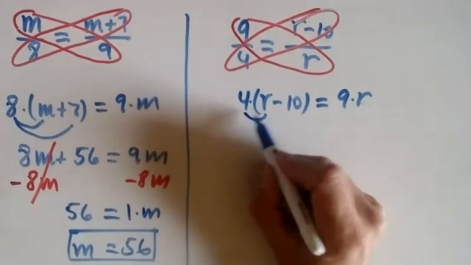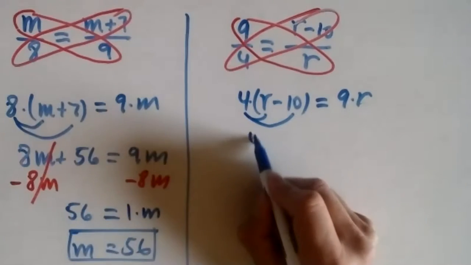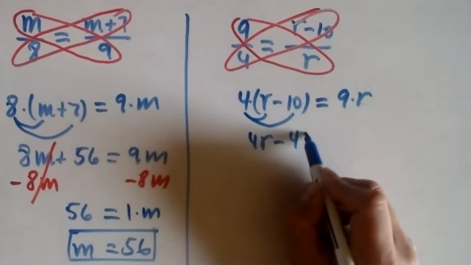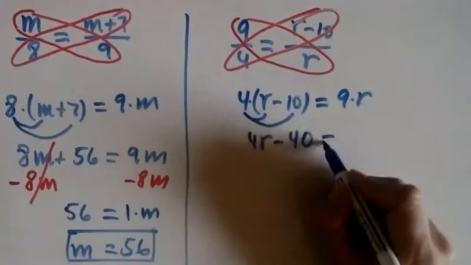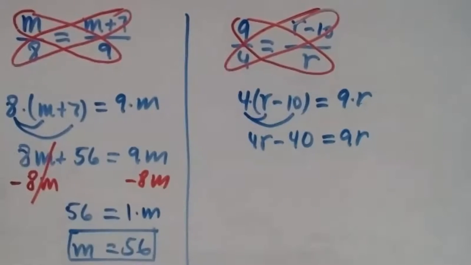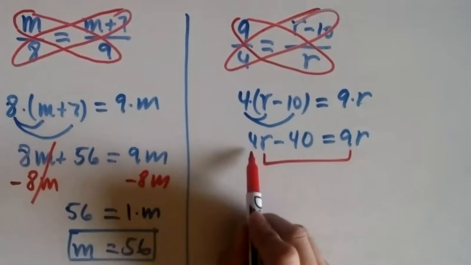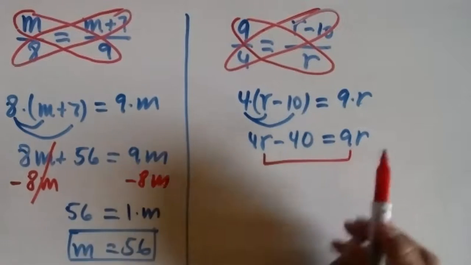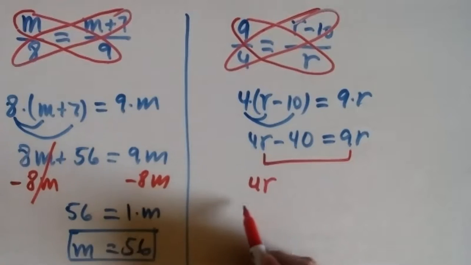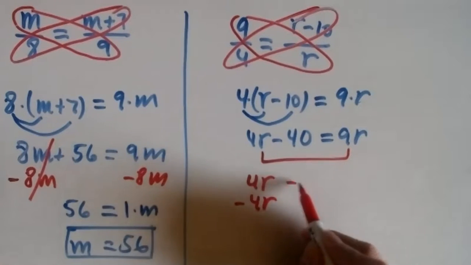Same, you distribute: 4r minus 40 equals 9r. Now you have to combine the like terms, these two. So this is 4, this is less than 9, so it's a good idea if you subtract the 4r.